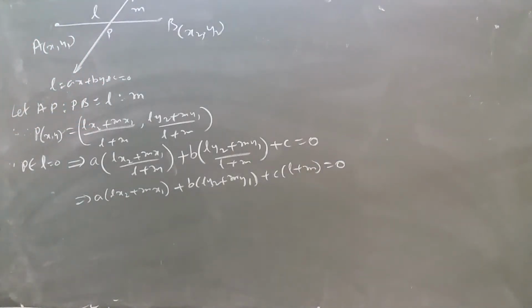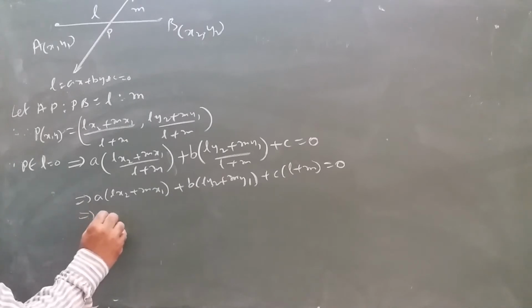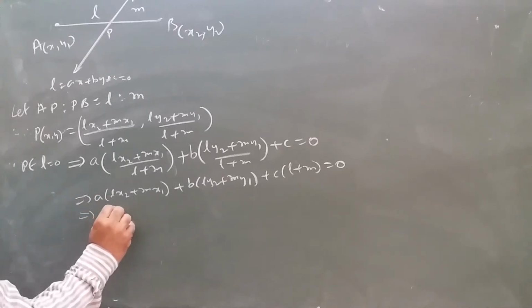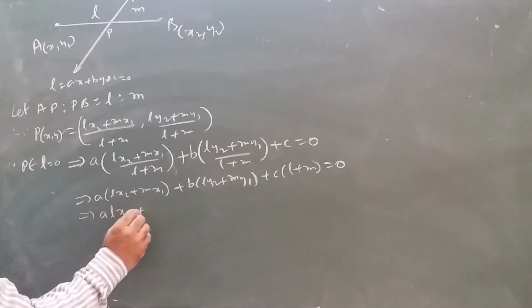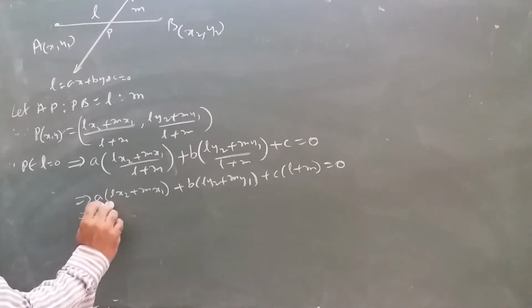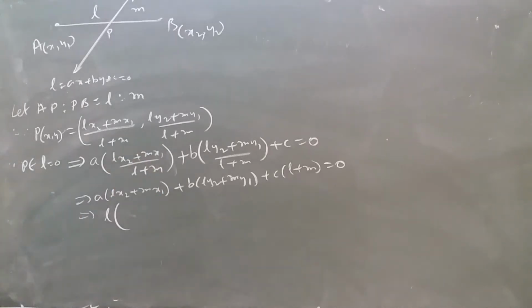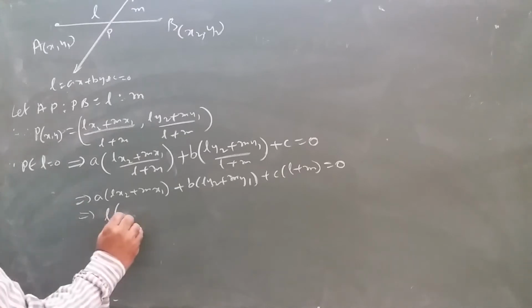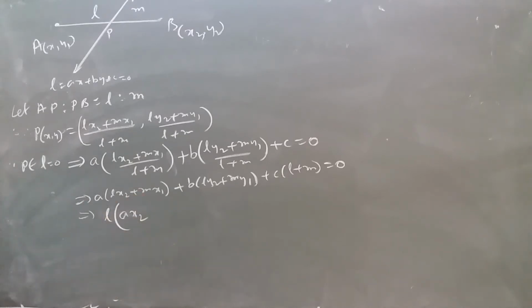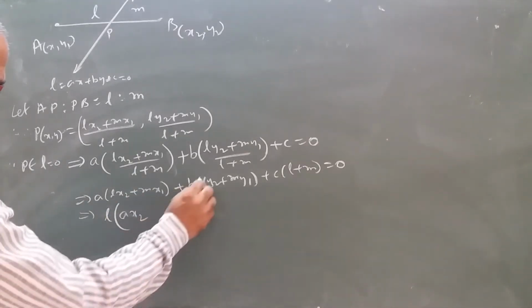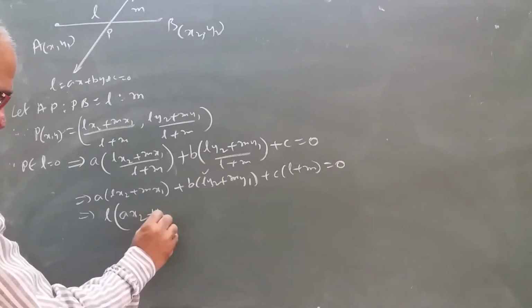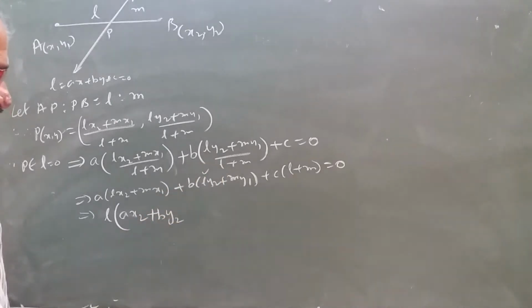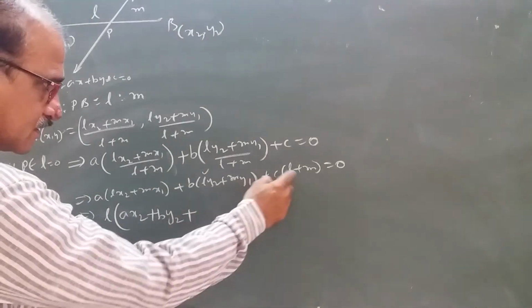By simplification, taking L as common, we write another term: L into (Ax2 plus By2 plus C).